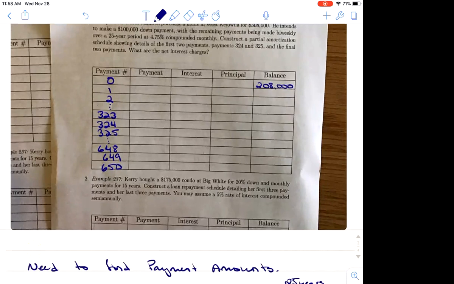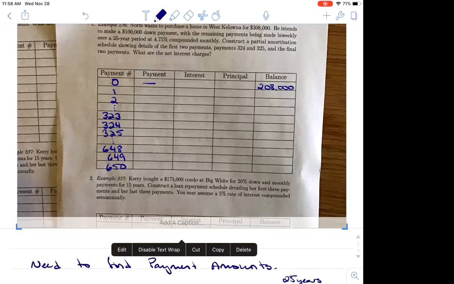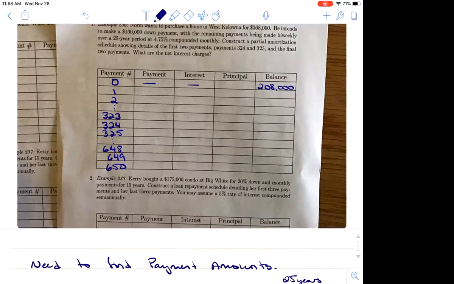546.73. Oh, nothing in row 1. Oops. So wherever I need a payment, I'm just going to put 546.73. We found that, right? So we know it's going to be 546.73 all along here until the last payment.